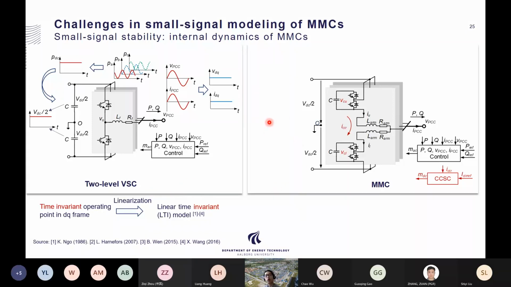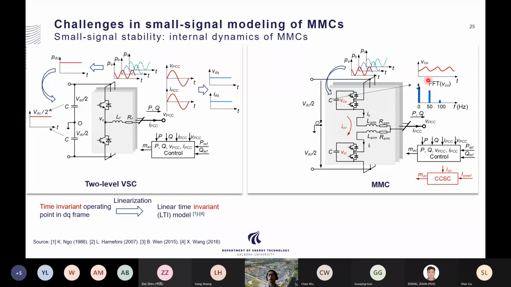But things become much more complicated when we come to the MMC. Why do things become so complicated? Because the MMC is not like the two-level voltage source converter. Its capacitor is distributed in each submodule, which means that each submodule has to buffer the single-phase oscillating power, which leads to quite obvious capacitor voltage ripple.